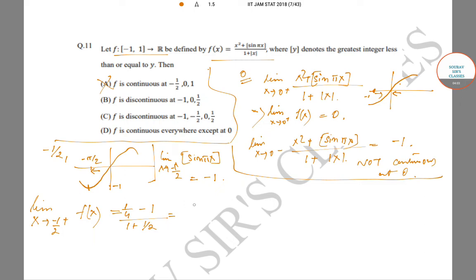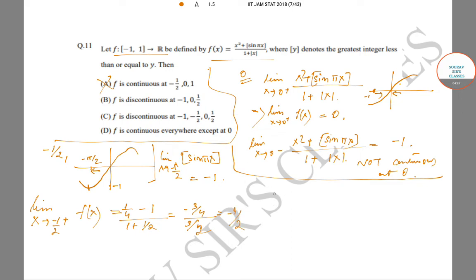which is equal to minus 3 by 4 by 3 by 2, so this is basically minus half.